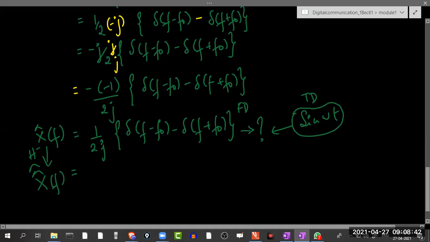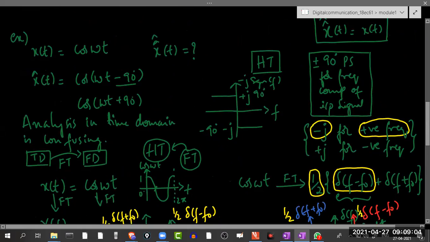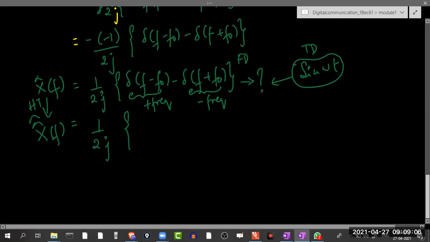So let me apply Hilbert transform again, such that I'll write 1 by 2j as it is. Now again, delta of f minus f naught is associated with positive frequency and this side is associated with negative frequency. Positive frequency should be multiplied with negative j.